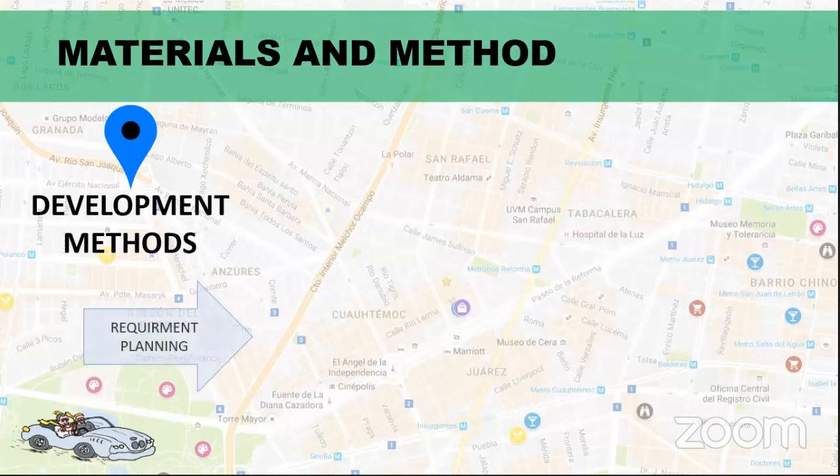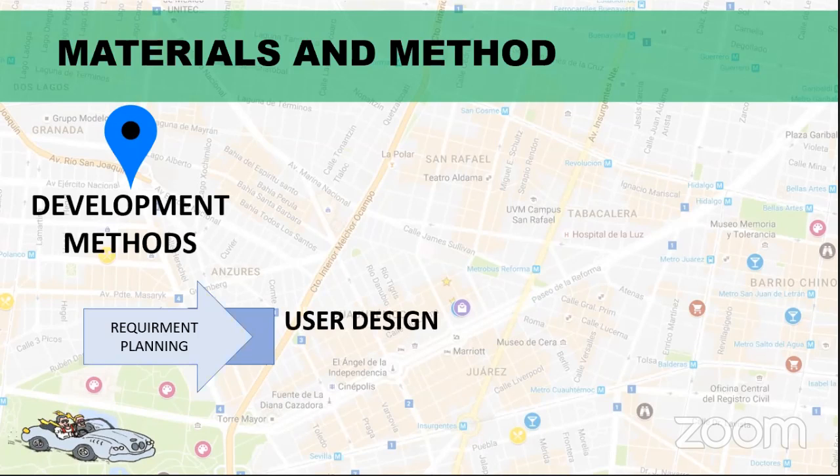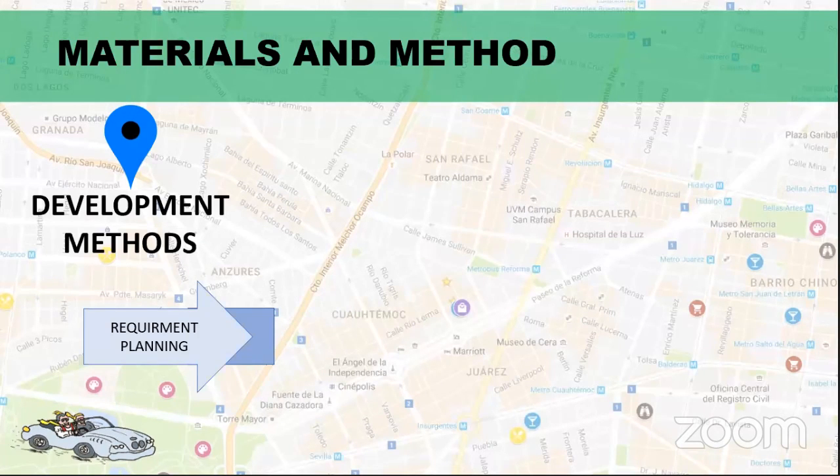For the development method, since the study is developmental research, the proponents used Rapid Application Development. It has four major phases. First is requirement planning. The proponents define all the requirement specifications like functional, non-functional, user, hardware, and software requirements. It is followed by the user design.